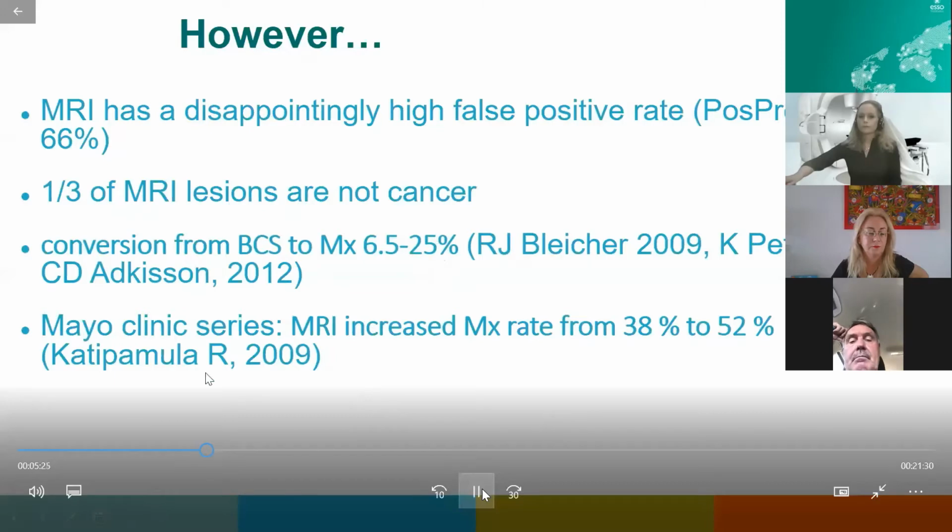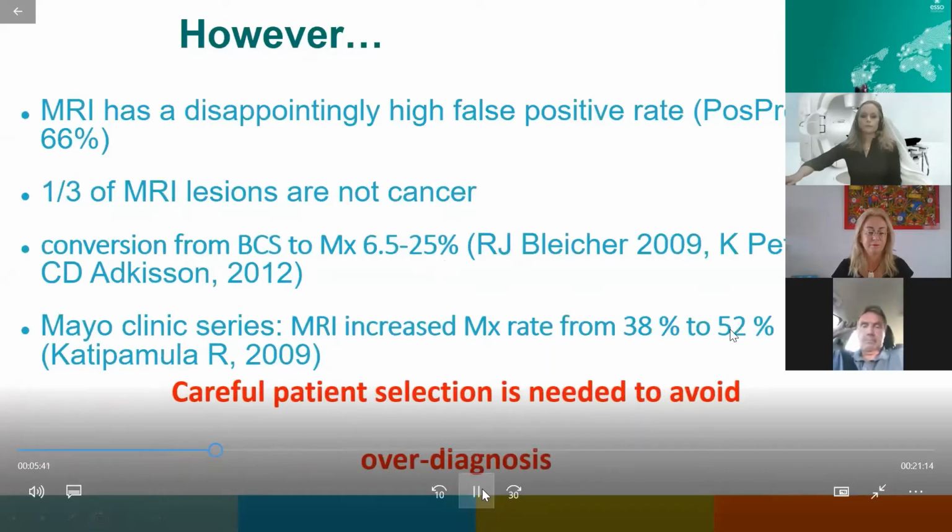In a Mayo Clinic series, the MRI scan increased the mastectomy rate from 38 to 52%, which is a really high mastectomy rate if we base our final surgical decision on the MRI scan. Therefore, we need careful patient selection in order to avoid overdiagnosis.